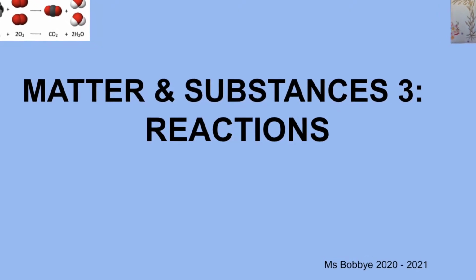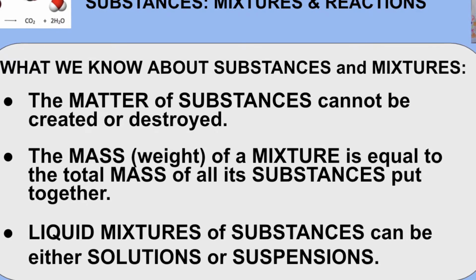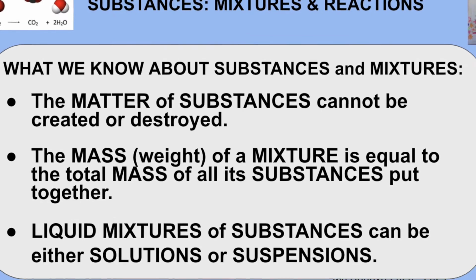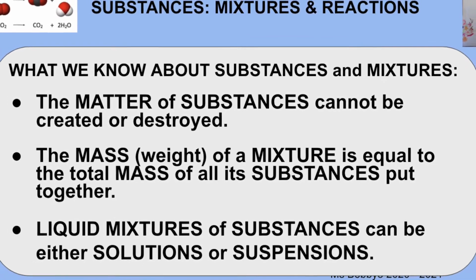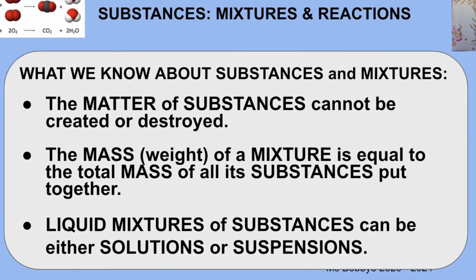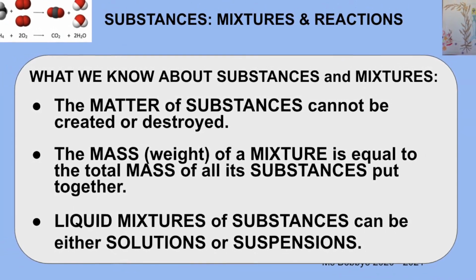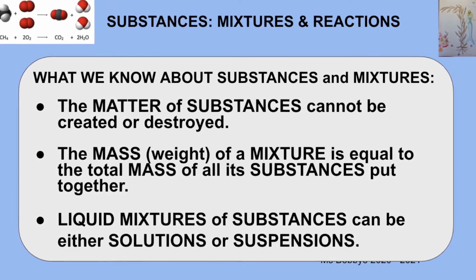Let's remember what we know about matter and substances and mixtures. We know that the matter of substances can't be created or destroyed, that the mass or the weight is equal to the total mass of all of its substances put together, and that liquid mixtures of substances can be either solutions or suspensions.